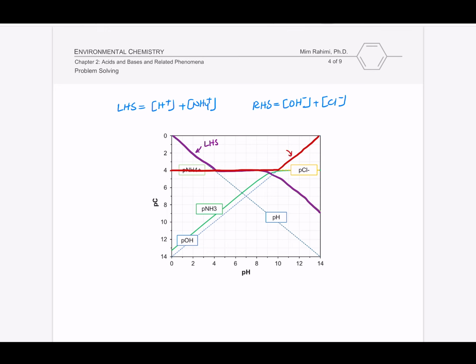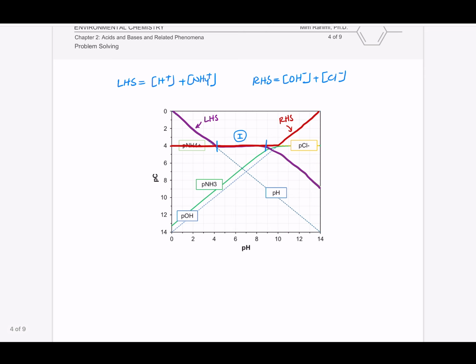So this would be our RHS, right-hand side. And now we see that, because we don't have the resolution, somewhere between here we have our pH. So somewhere here, we have the pH.